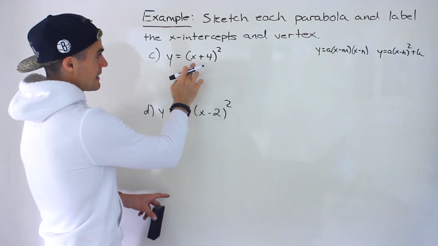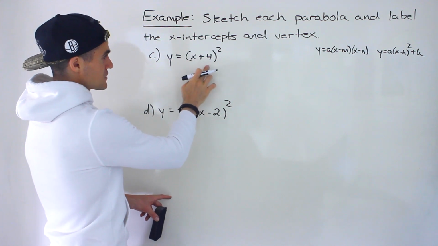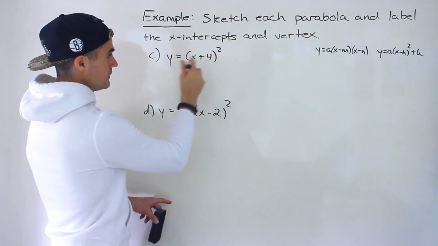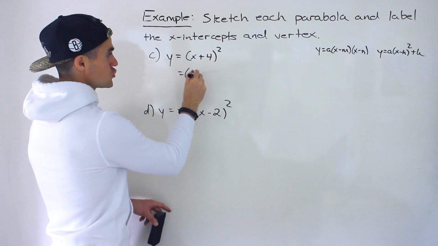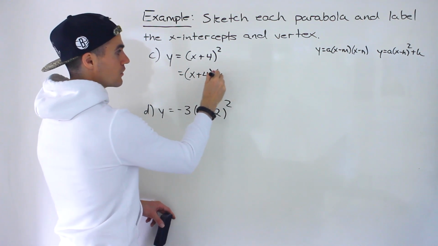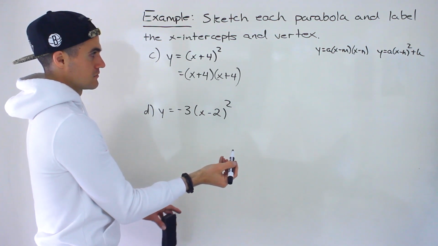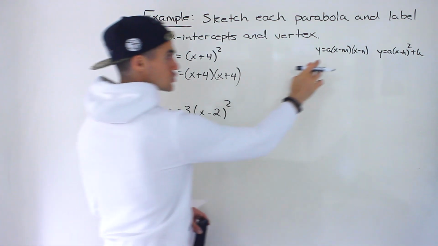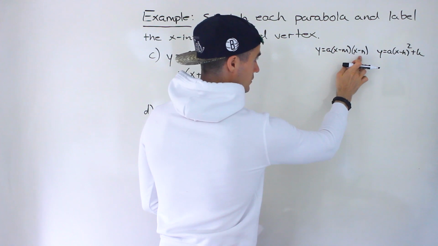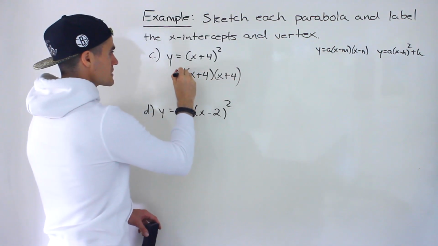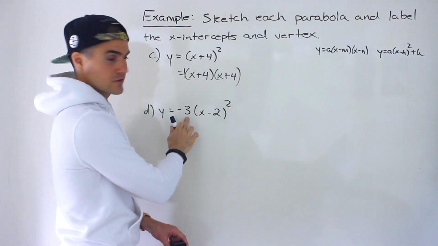Well, notice that this x plus 4 squared means there are just 2 factors of x plus 4 like that. And so it's in factored form, right? There's 2 factors, and then the a value in this case is 1, versus here the a value is going to be -3.